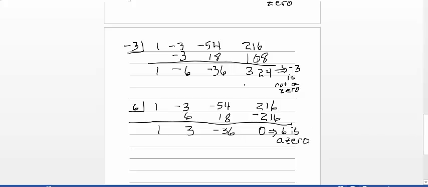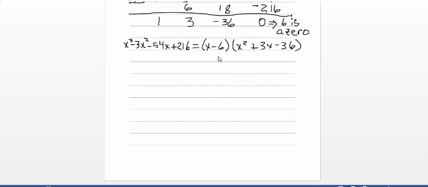So what that means is I can write this polynomial x cubed minus 3x squared minus 54x plus 216 as x minus 6 times x squared plus 3x minus 36. Notice the coefficients of this second degree polynomial come from the coefficients of my synthetic division. So the 1, the 3, and the negative 36 are the coefficients of this second polynomial.